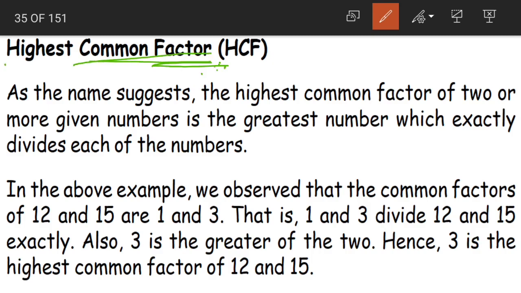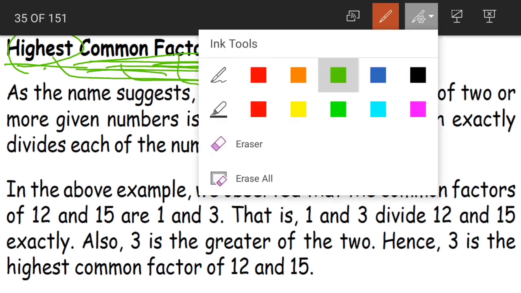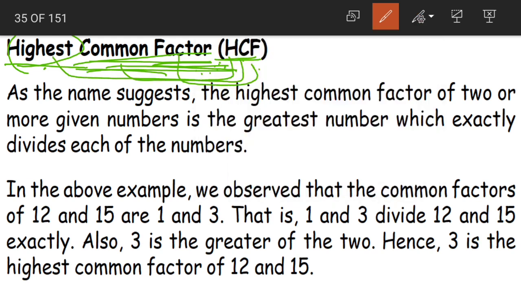A common factor is one which is common for both the given numbers. Now what is the highest common factor? From the given list of common factors, the highest one will be our highest common factor. That is nothing but HCF. H for highest, C for common and F for factor.